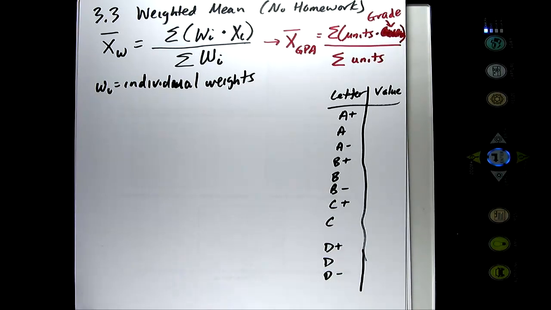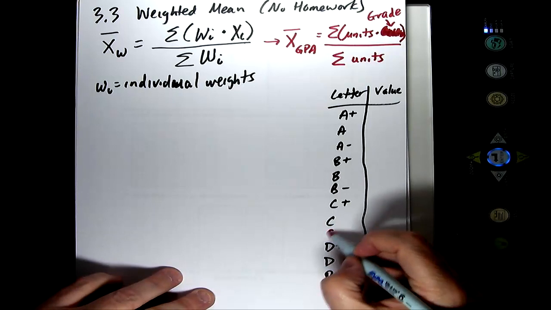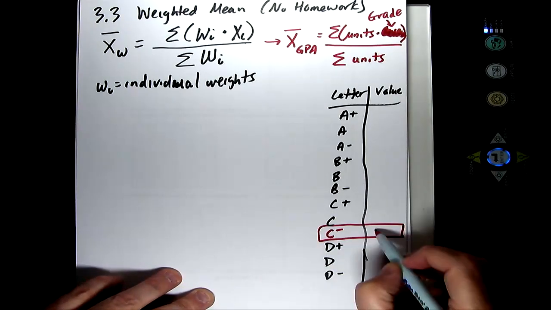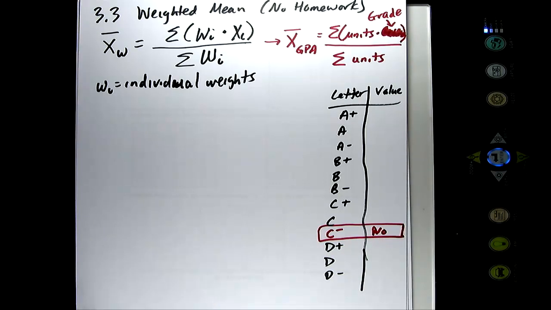I'm gonna put C minus here in red because I'm gonna say no right here. I don't think universities are forbidden from giving out C minuses, but community colleges by law can't give you a C minus, because someone thought it was demoralizing or something. I have no idea.